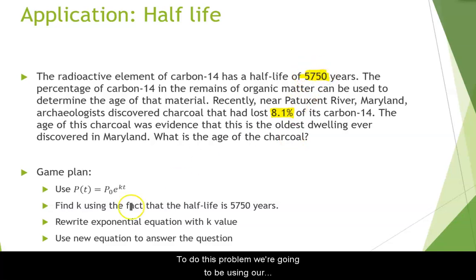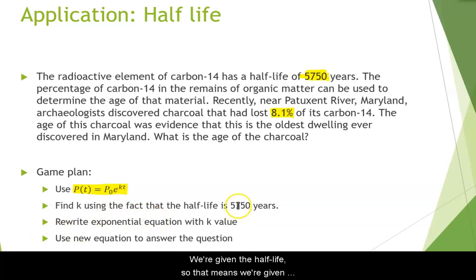To do this problem, we're going to be using the equation we use for all of these exponential growth and decay questions: P of t equals P naught e to the kt power. Our plan is to first figure out what the k value is.